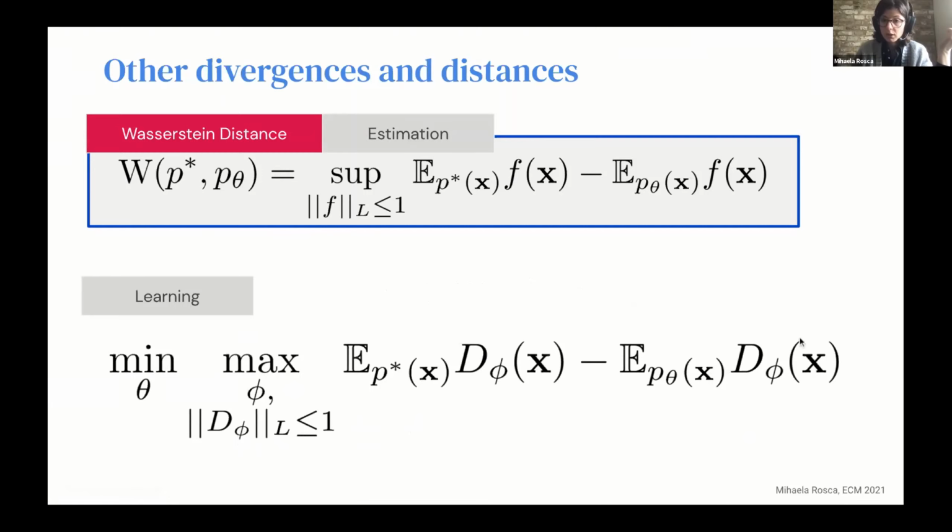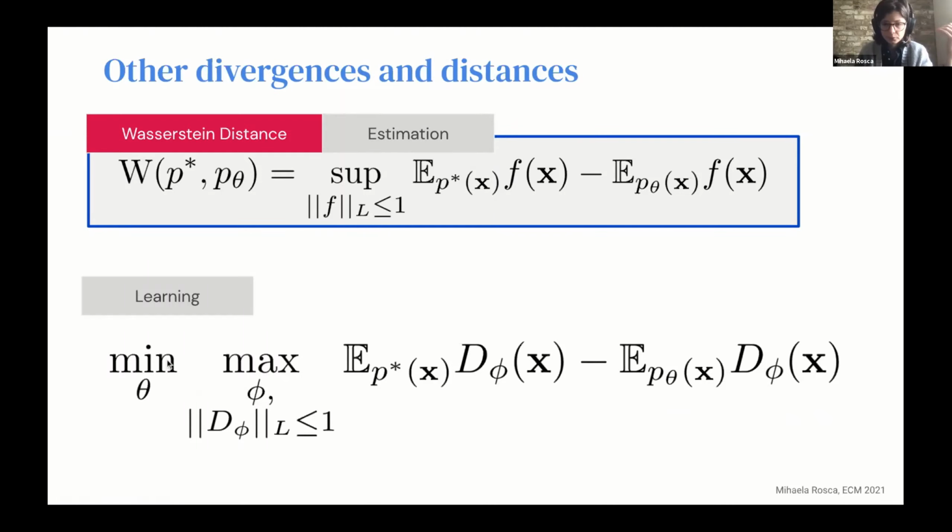So this is the goal of the discriminator, to estimate the Wasserstein distance, and the goal of the generator will be to minimize this estimate. And again, if the discriminator is optimal, the generator will minimize the Wasserstein distance between the data and the model.